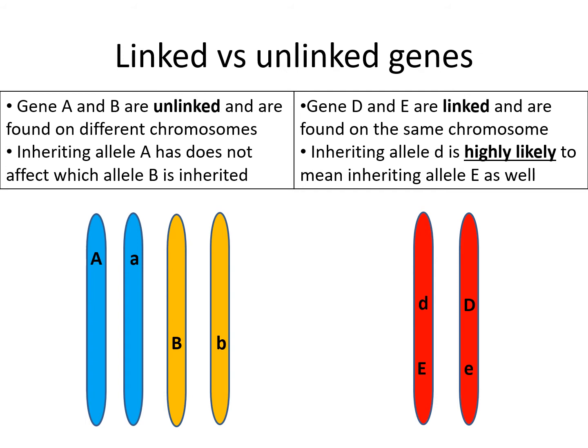And you'll see that actually we can have during meiosis some variation which jumbles up the letters. But as a general rule, that chromosome will only pass on the uppercase D and lowercase e, and that will just carry through every single generation unless crossing over occurs.